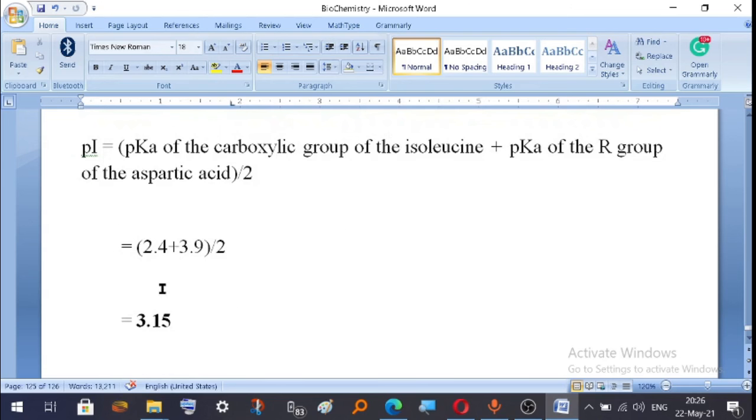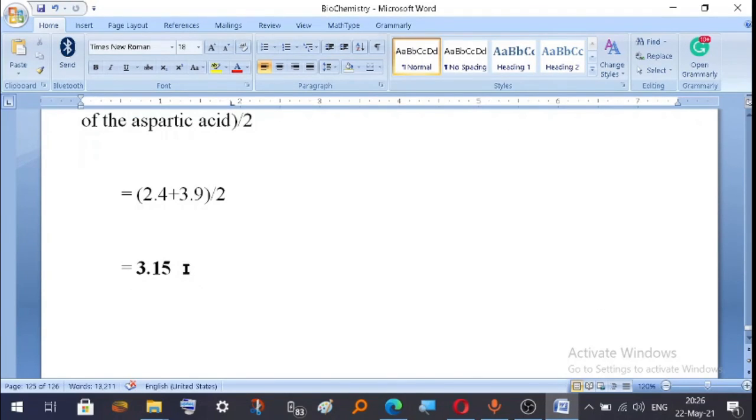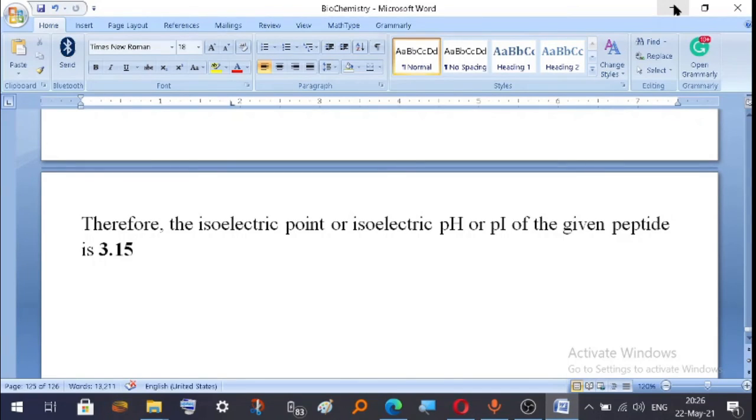This is equal to 2.4 plus 3.9 overall divided by 2, which is equal to 3.15. Therefore, the isoelectric point or isoelectric pH or pI of the given peptide is 3.15.